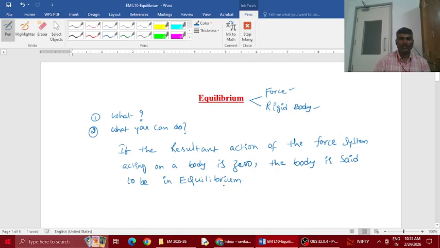So this is how we define and how we understand what is equilibrium.